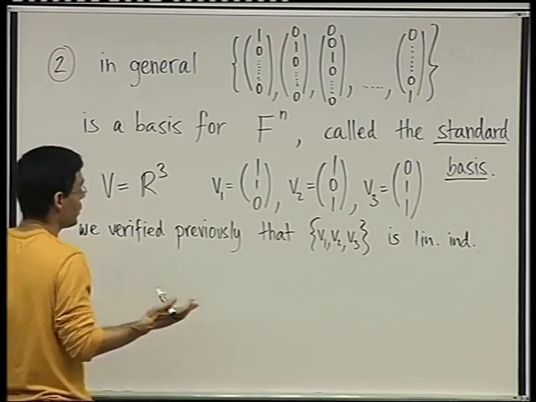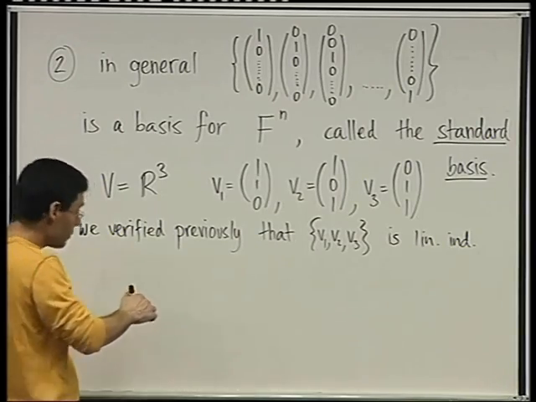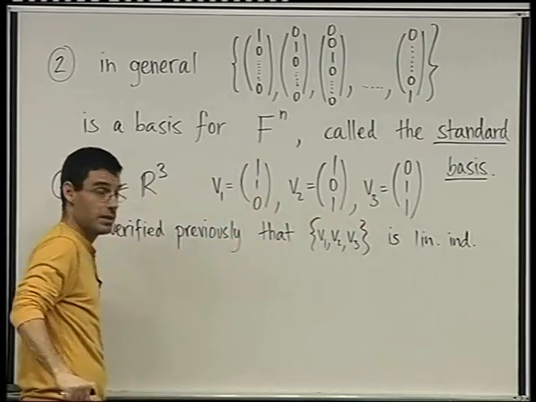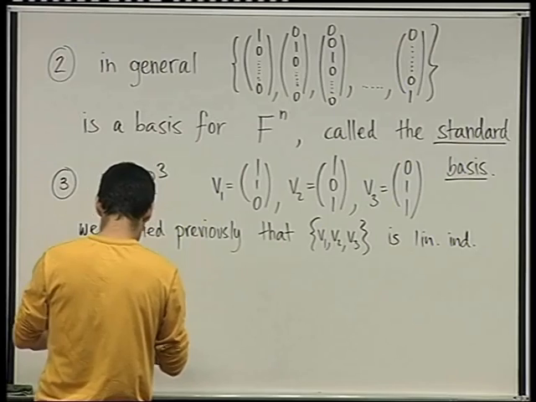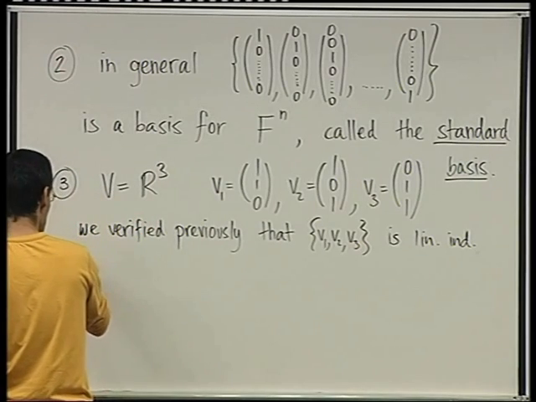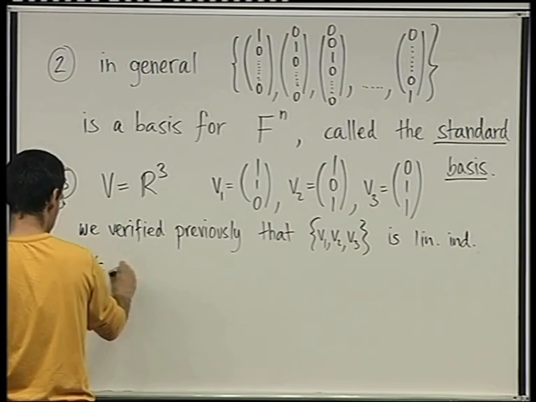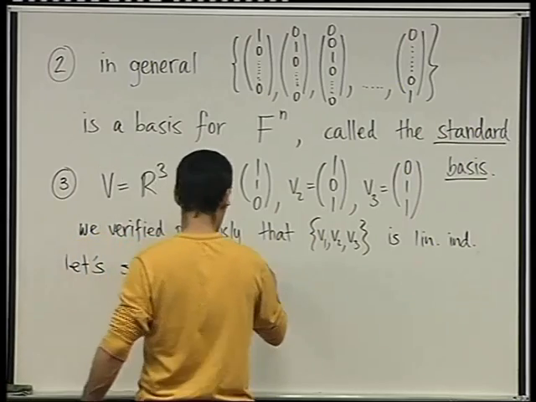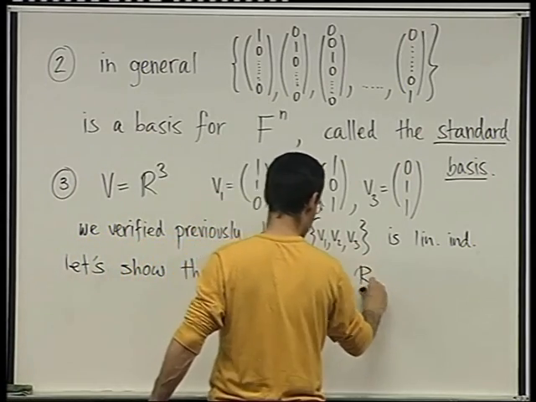Okay, so we need to take a general vector, a, b, c, and show that we can write it as something times this, plus something times this, plus something times this. Okay, in general. And let's do it. Let's show that they span R3.